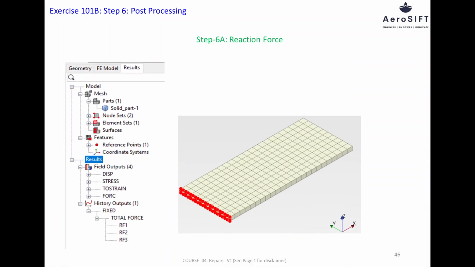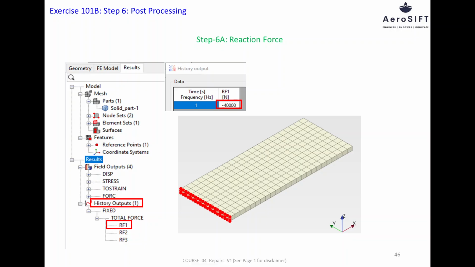In step 6A of post-processing, we review the reaction force at the fixed end of the plate. Under the History Outputs section in the results tree, navigate to RF1 for the fixed node set. The output confirms a reaction force of minus 40,000 newtons, which matches the applied load in the simulation, but in the opposite direction.